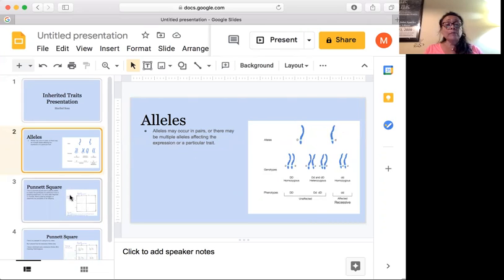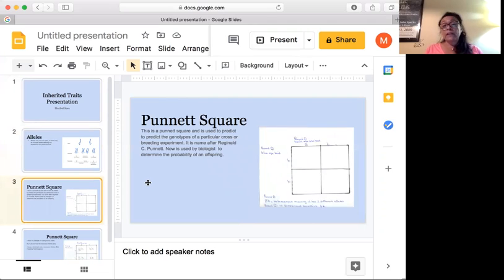For my example in this video, I decided to use a Punnett square. And this is a Punnett square. It's a square with 4 divisions.